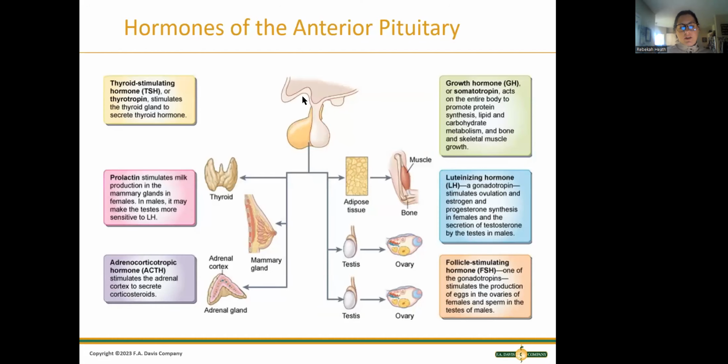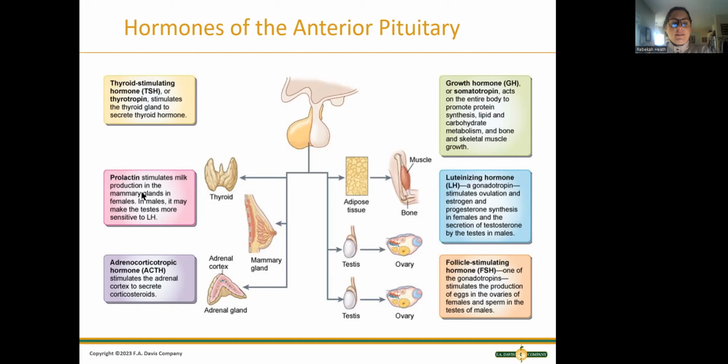So the anterior pituitary, you can see how here this is highlighted, this is the anterior side. It produces thyroid stimulating hormone, which is kind of self-explanatory. When that hormone is released, it stimulates the thyroid to secrete thyroid hormone.